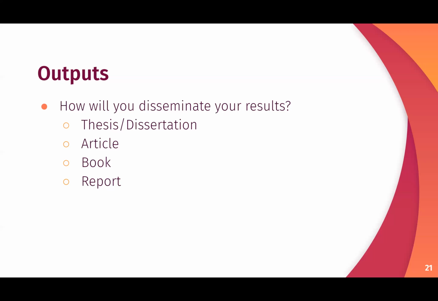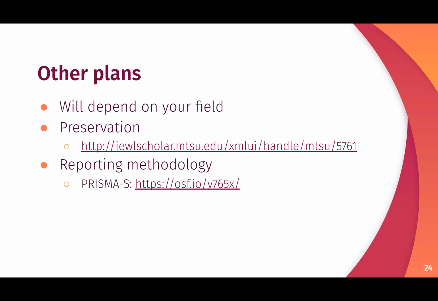So if you are working with a digital project, maybe you need a preservation plan on how that digital object will continue to live after your project is finished. I have an example one here.